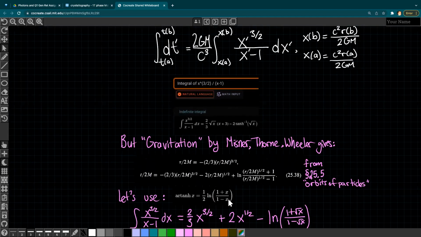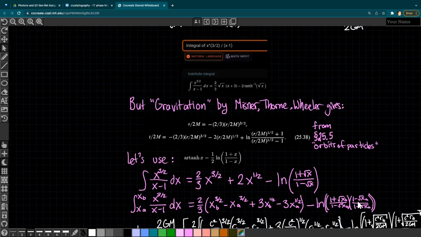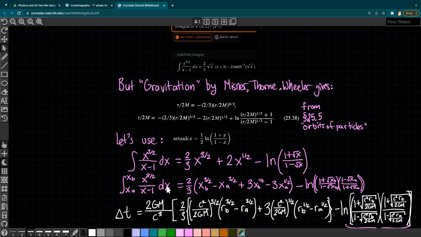If we substitute that in here, we end up with this integral. So the integral of x to the 3/2 over x minus 1 dx equals this right there. And then we can plug in x_b and x_a, the bounds of the integration, by the fundamental theorem of calculus.